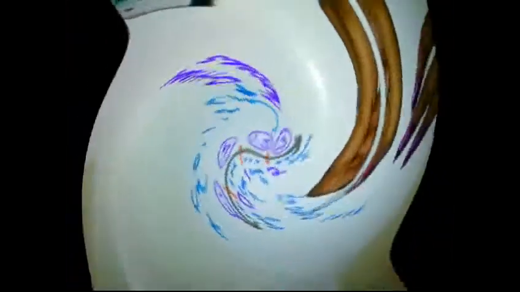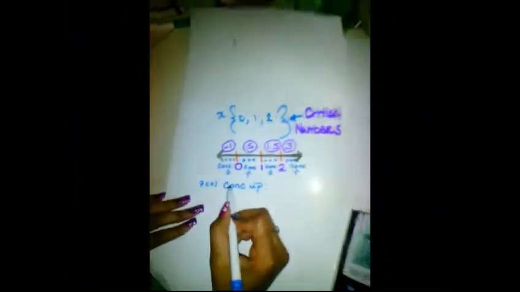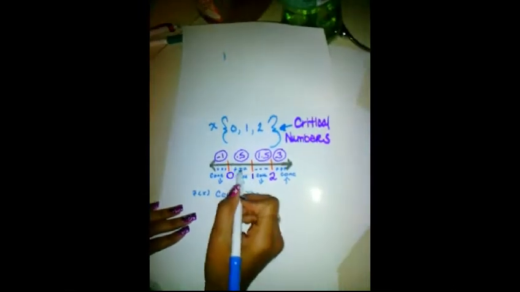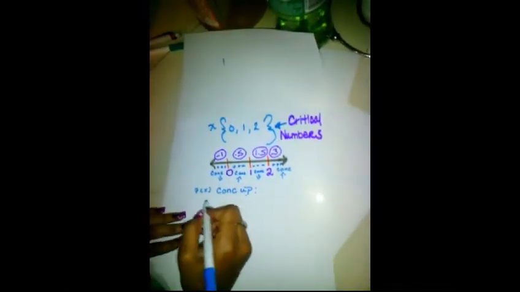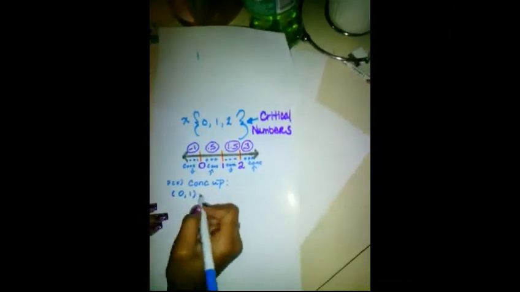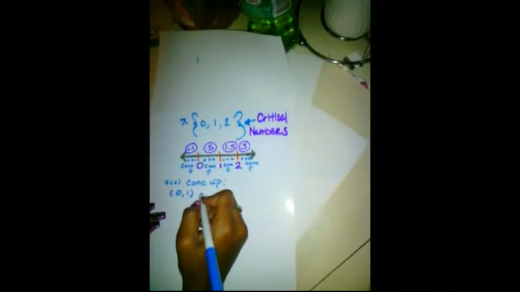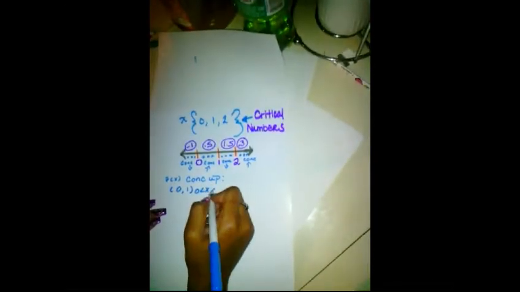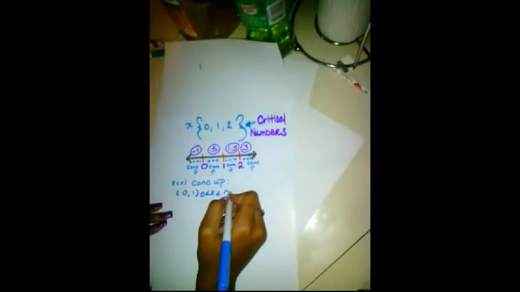Now I'm going to do my intervals. We have to do concave up first, and the concave up is from 0 to 1 because it's positive right here. So we got 0 and 1, and then we write x is greater than 0 but less than 1.